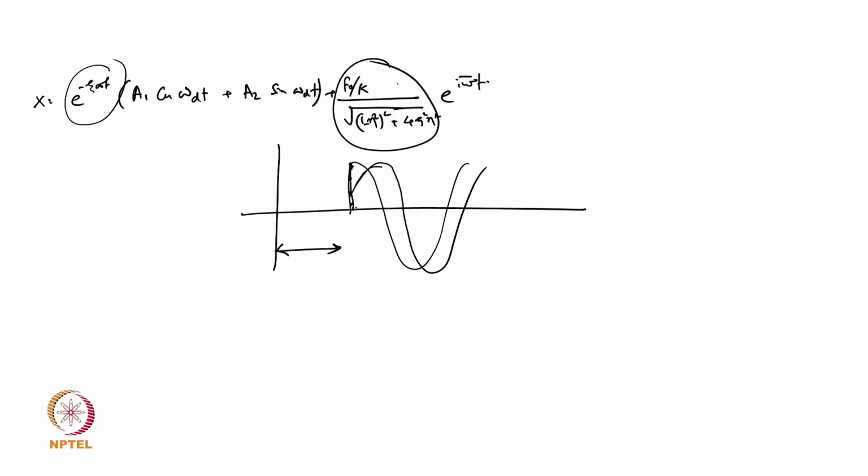Suppose the amplitudes A1 and A2 give an amplitude like this. Then the envelope will go this way, so your oscillation goes like this. Your transient part was increasing, and then it finally reached the steady part.